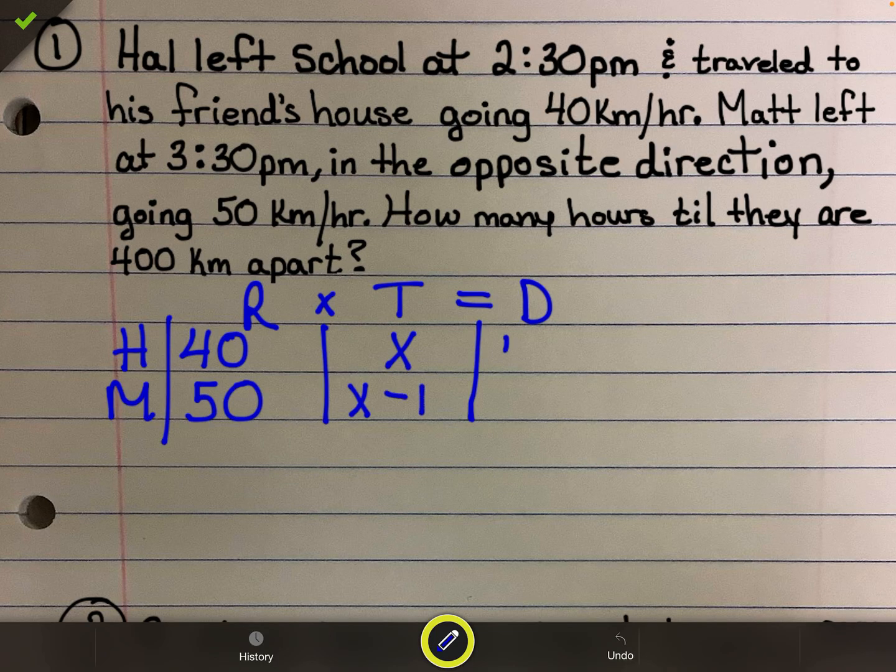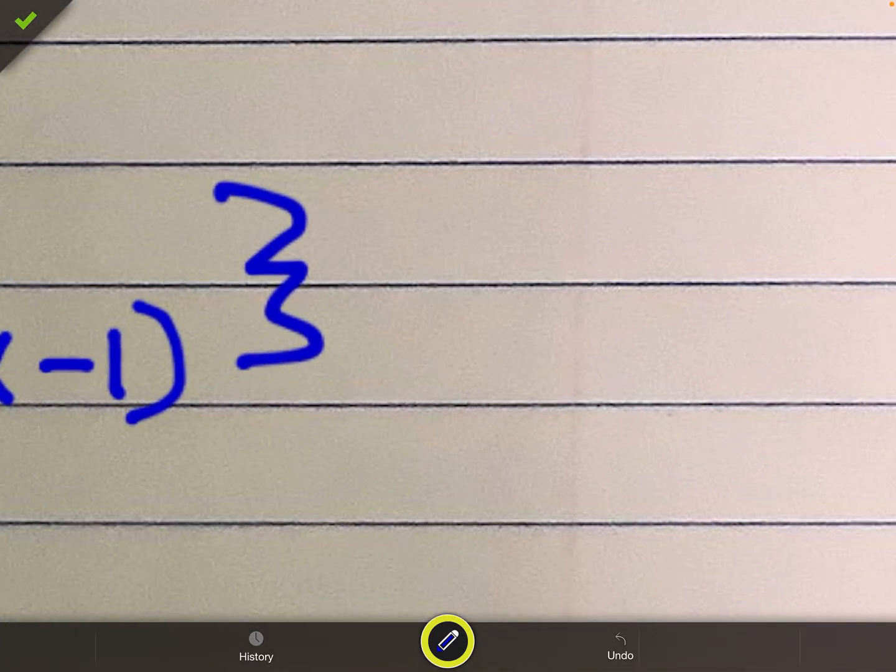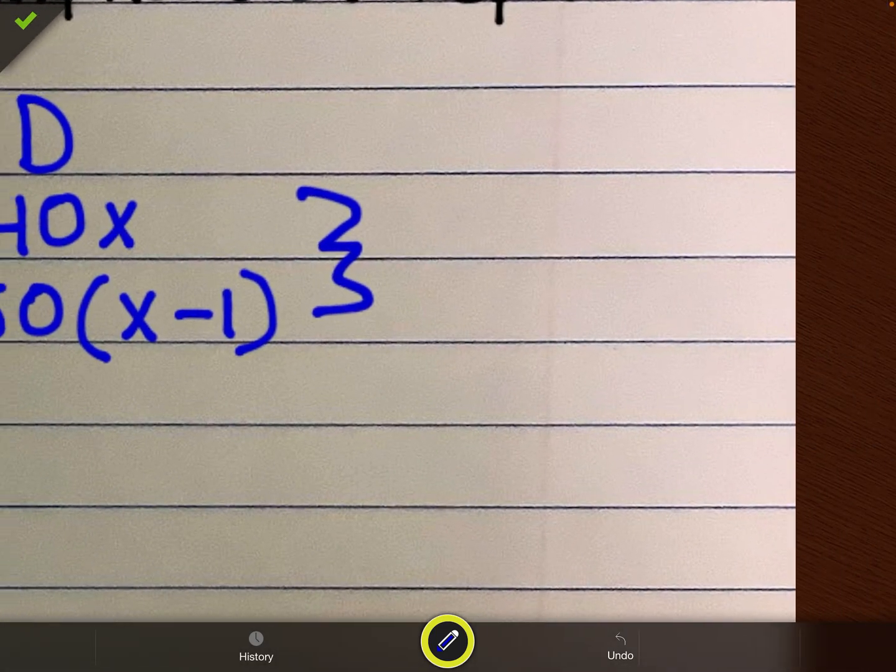The distance is found by multiplying rate times time to get our two expressions, 40x and 50 times the quantity x minus 1. We want to know how many hours till they are 400 kilometers apart. So we're going to create our equation that shows that after the two of them have left, they both traveled so much distance, and the total distance is going to be 400.